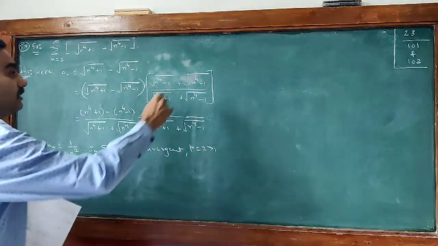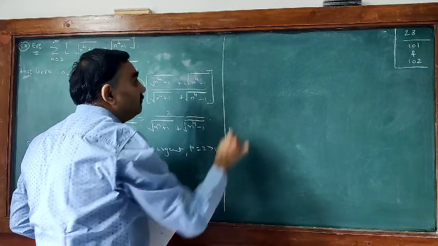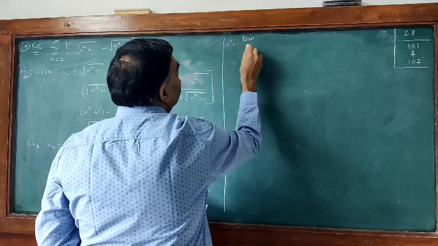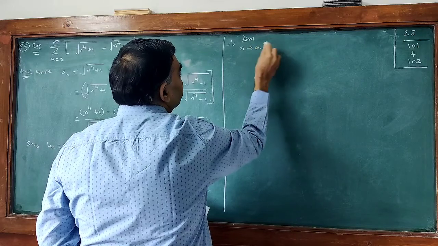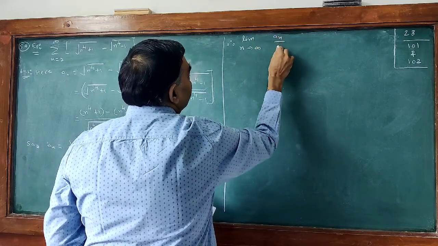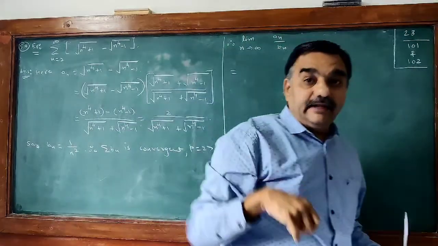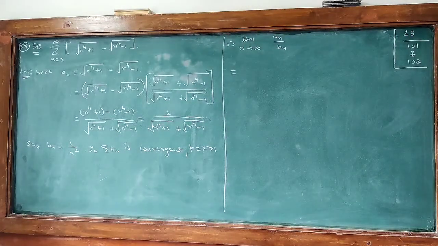Therefore limit n tends to infinity an upon bn equal to, obviously we will use the limit comparison test.